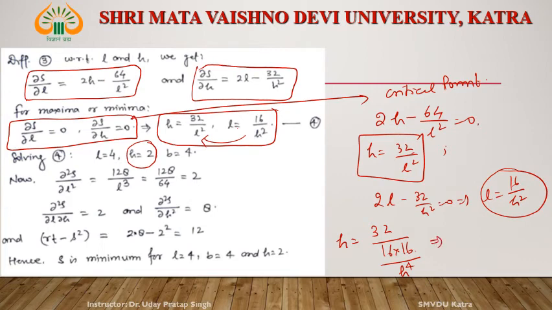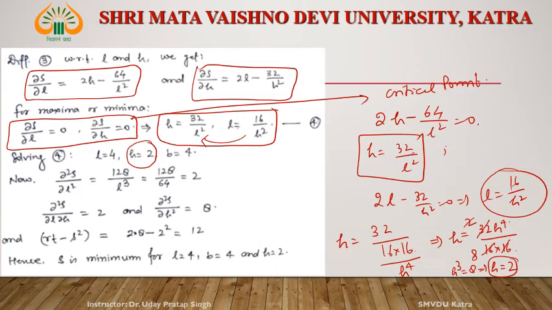So H to the power 4 is equal to 16 into 16 divided by 32, which is equal to 8. So H cube is equal to 8, so H is equal to 2.